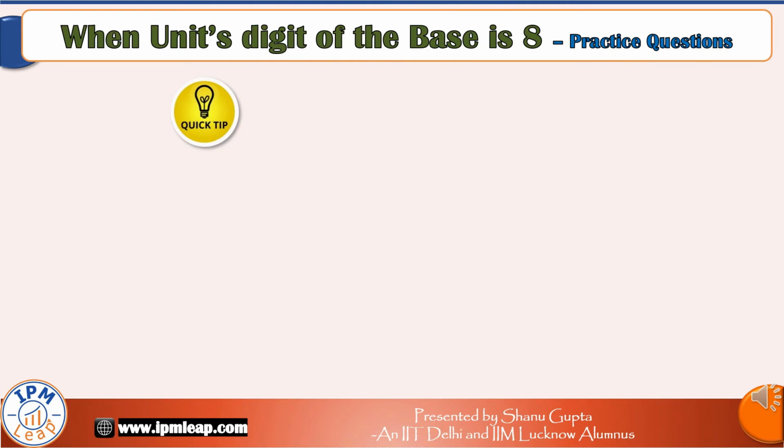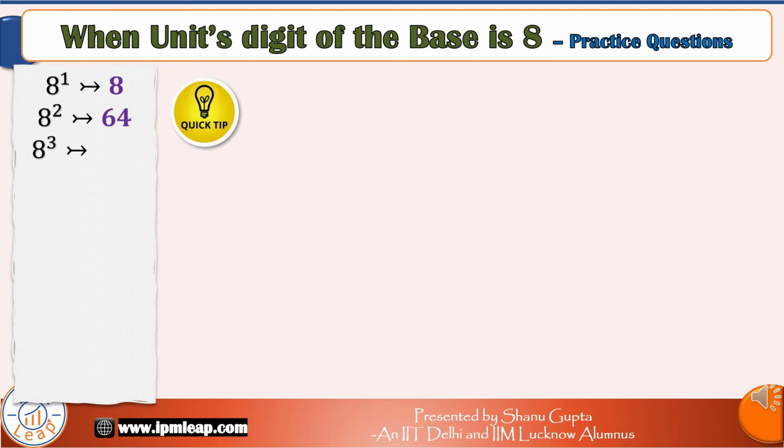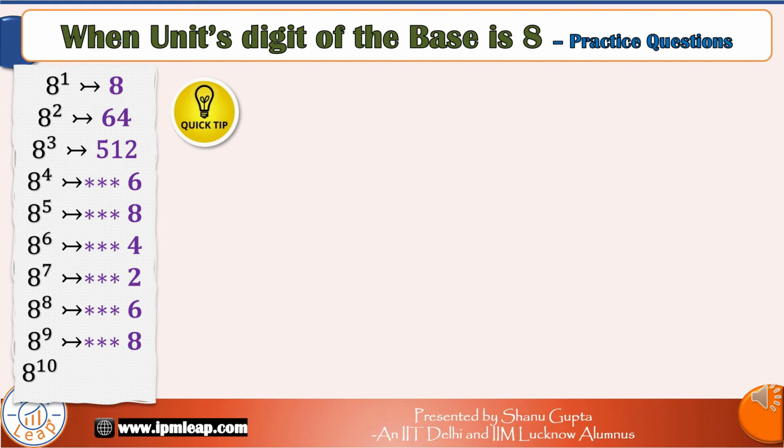And finally, the base of 8. Looking at its powers, 8 raised power 1 is 8. 8 raised power 2 is 64. 8 raised power 3 is 512. For 8 raised power 4, unit digit will be 2 into 8, which is 16. So we write 6. For 8 raised power 5, unit digit will be 6 into 8, which is 48.